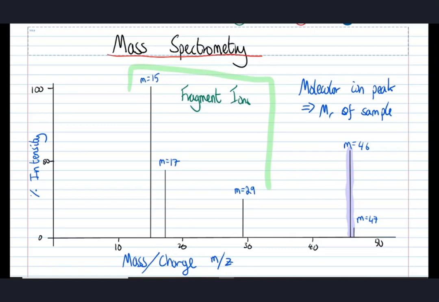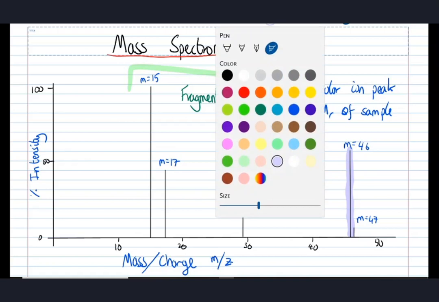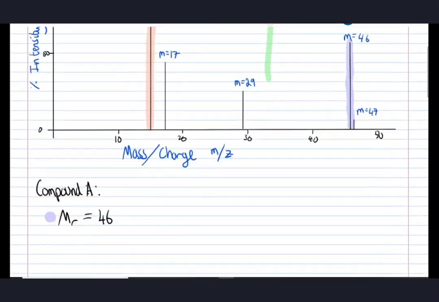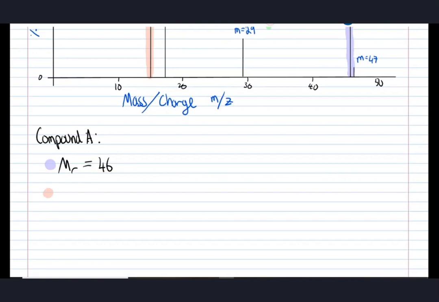So let's take this first peak here. I'm going to highlight in this peachy colour. This has a mass to charge ratio of 15. So we've got a fragment ion with a mass to charge ratio of 15.